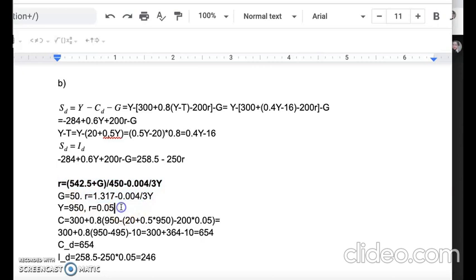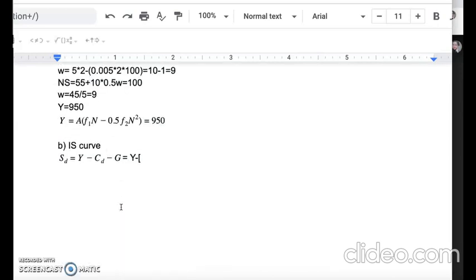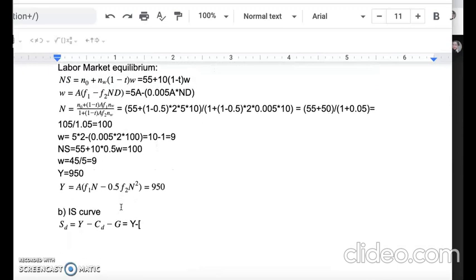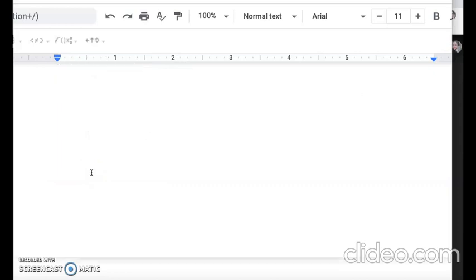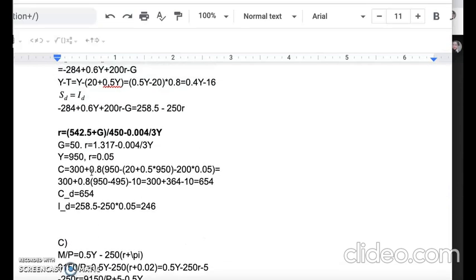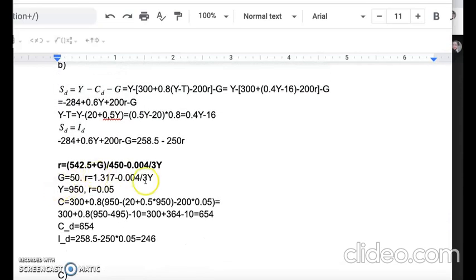And from the previous subquestion A, we've got full employment output, which is equal to 950, and we just substitute it in this equation in order to find the interest rate, and we have the interest rate equal to 0.05.